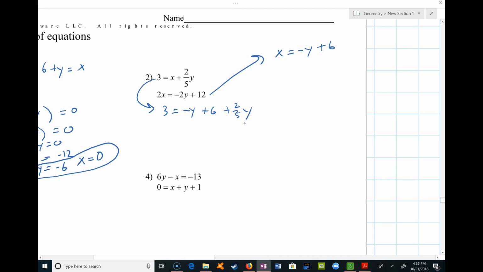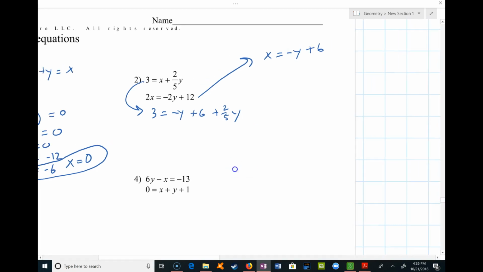And again, since I have fractions in my equation, I'm going to multiply everything by 5 to get rid of them. So that would be 15 is equal to negative 5y plus 30 plus 2y. Combine like terms and move the 30 to the other side at the same time, so that'd be a negative 15 over here, and negative 5y and 2y would be negative 3y.